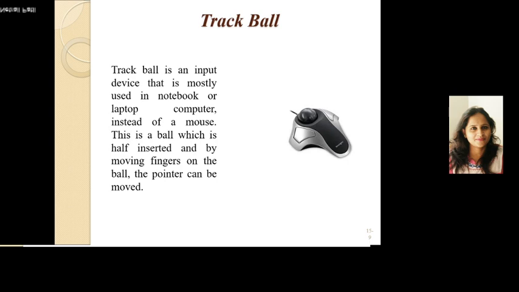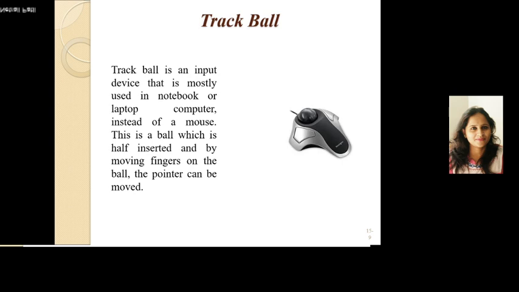See the trackball diagram. Trackball is an input device that is mostly used in notebook or laptop computers instead of a mouse. Trackball is a ball which is half inserted, and by moving fingers on the ball the pointer can be moved. Since the whole device is not moved, a trackball requires less space than a mouse.